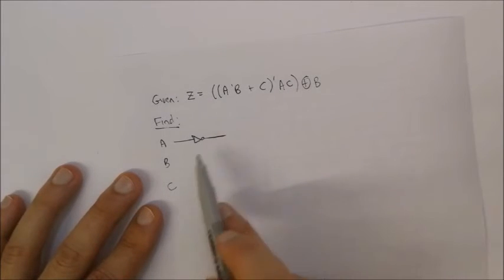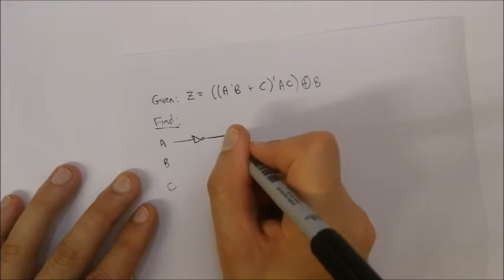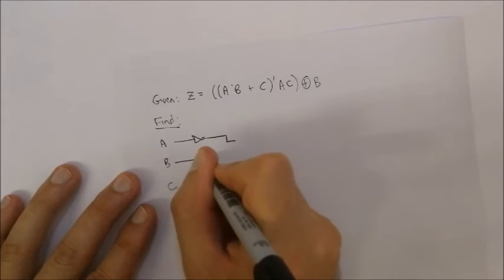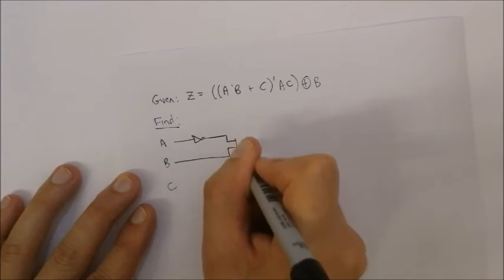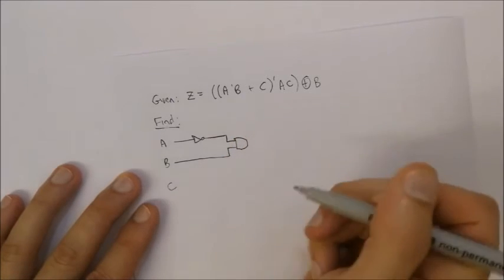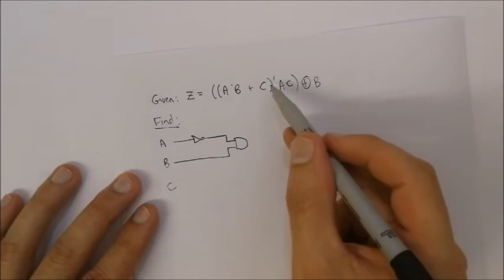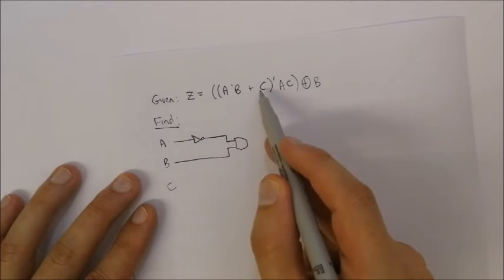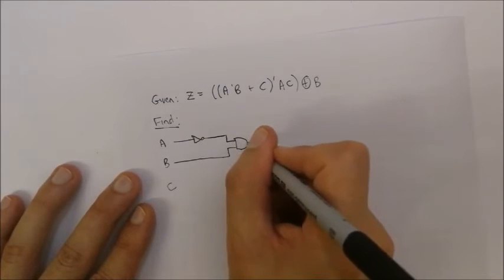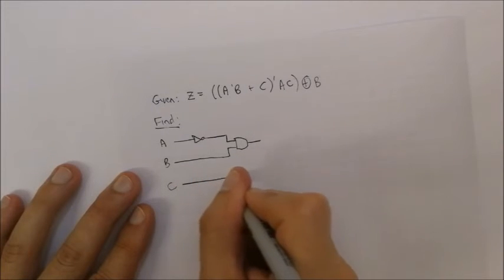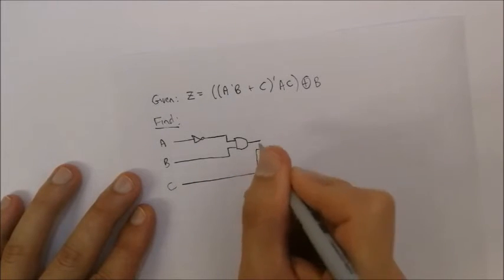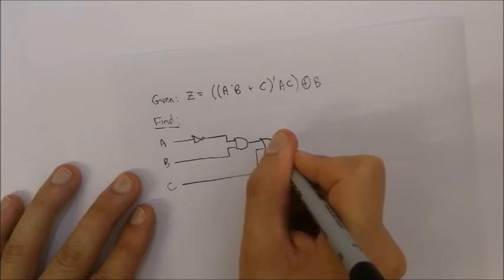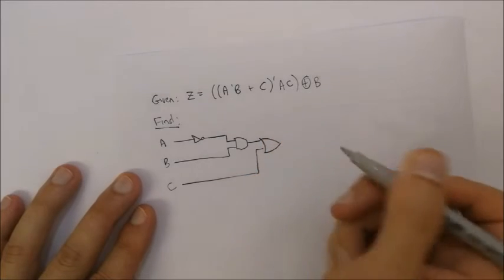A NOT ANDed with B. Okay, so we've got B over there, and that gets ANDed together. The next expression we've got is the output of this A NOT B ORed with C. So we're going to take that output and OR it with C.